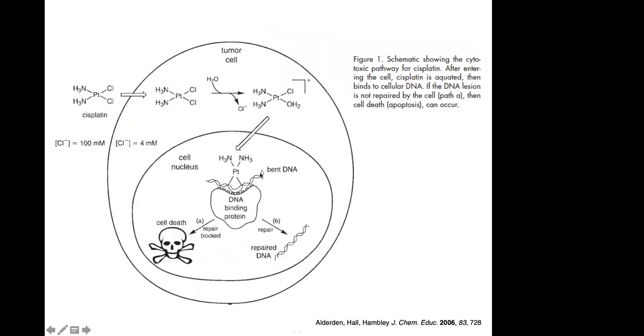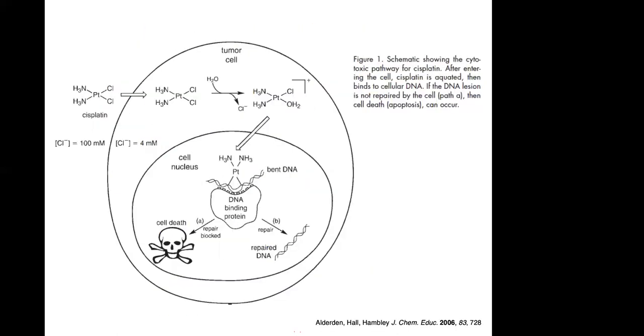And so that kink is recognized as a defect by the cell. Then it either can repair that, or it decides to shut down, leading to cell death or apoptosis, right? And so this platinum is coordinating enough that it can really give a kink in DNA that's causing the cell to go through apoptosis.